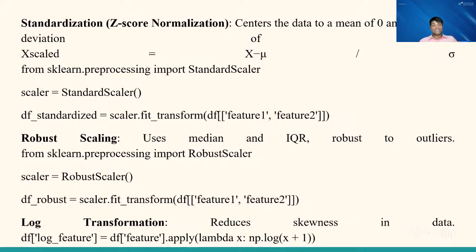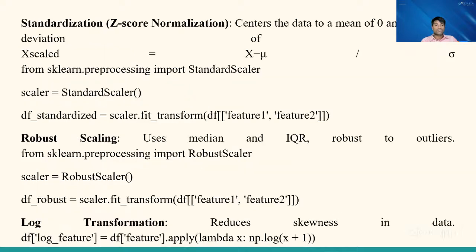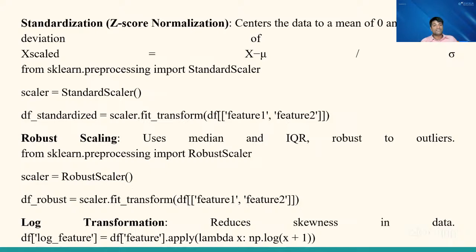We apply the StandardScaler. The MinMax scaling is also called normalization, but this one is called z-score normalization, and that one is called min-max scaling normalization. Both use the same techniques of normal distribution only.